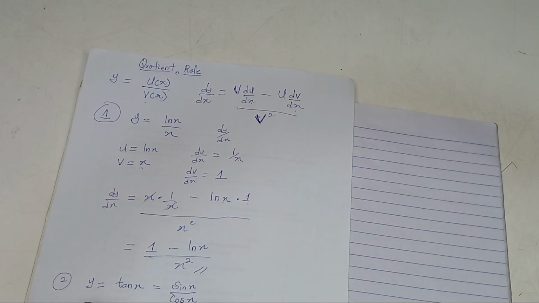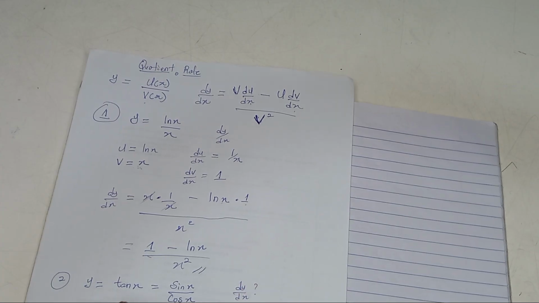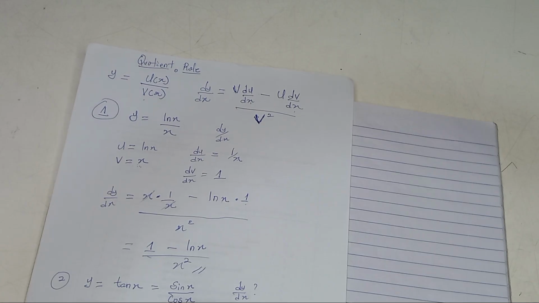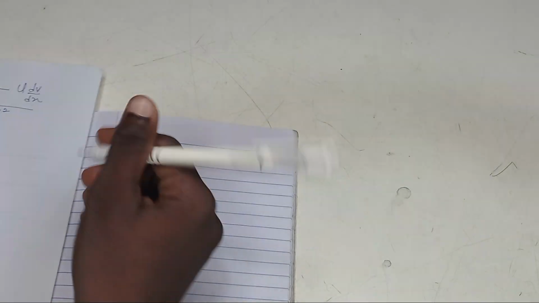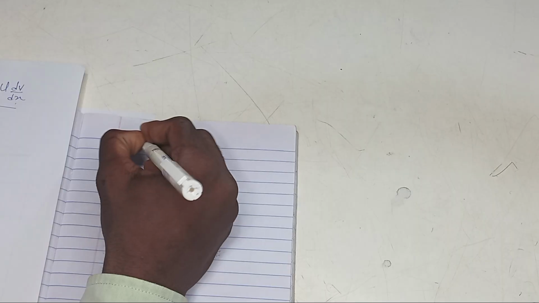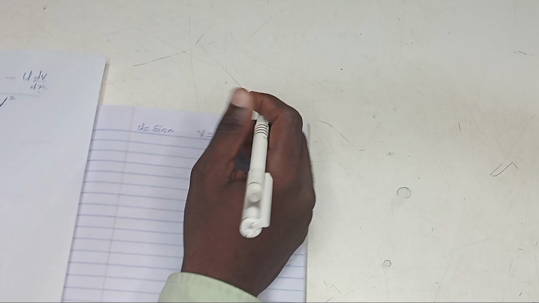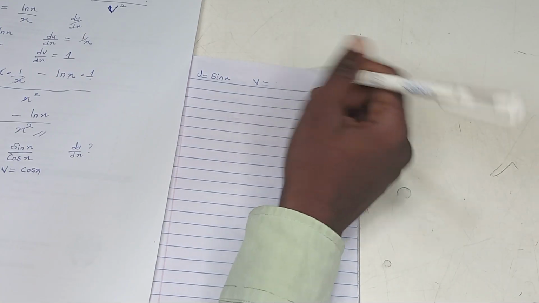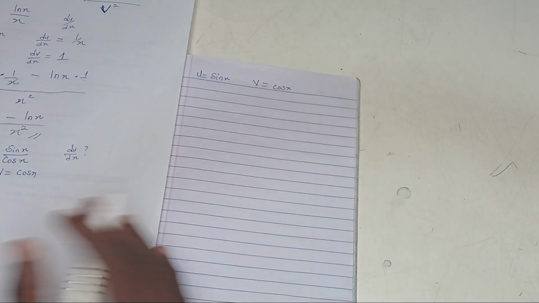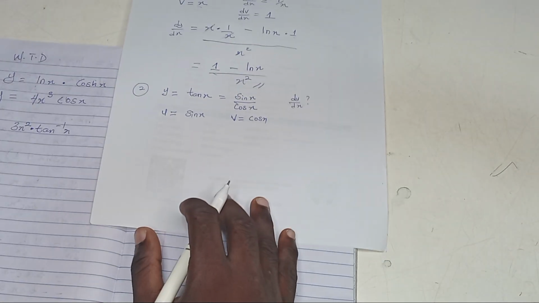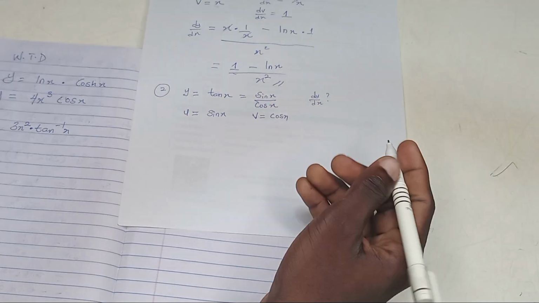So let's differentiate sin x over cos x. We're told to find dy dx. Let u be sin x and v be cos x. Differentiating, du dx is cos x, since the derivative of sin x is cos x.